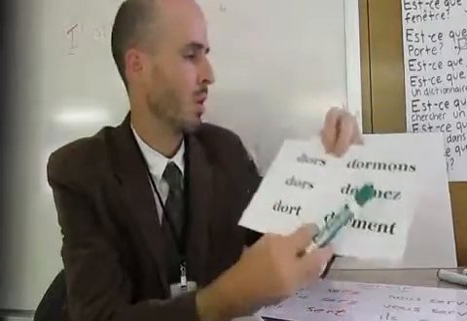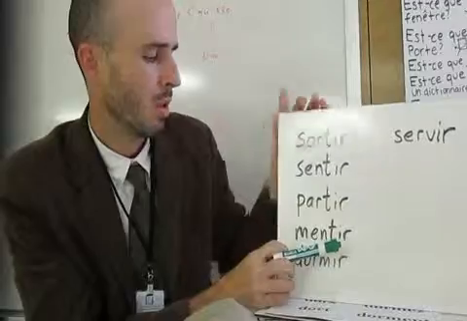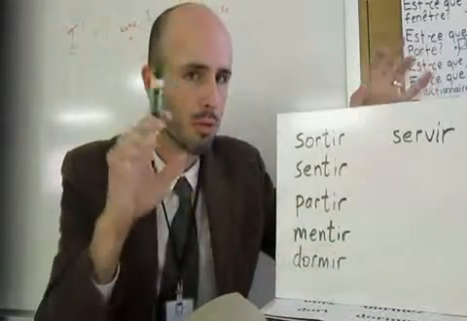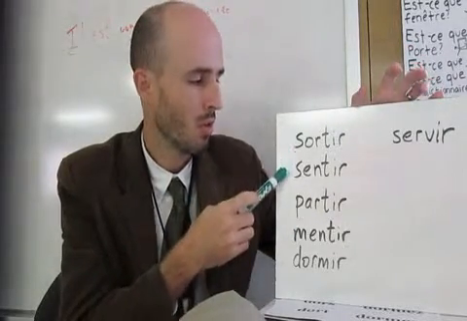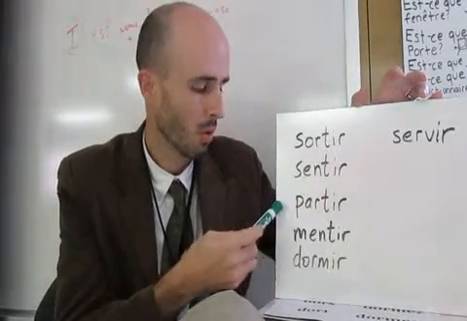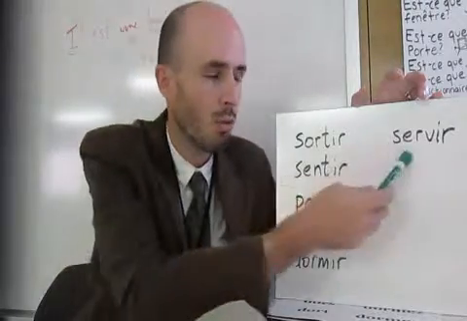Here's a brief list of the most common verbs which belong to this family and behave this way: sortir, sentir, partir, which means to leave, mentir, to lie, dormir, servir.